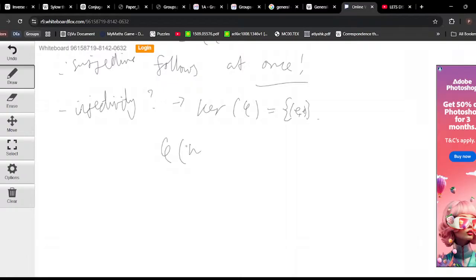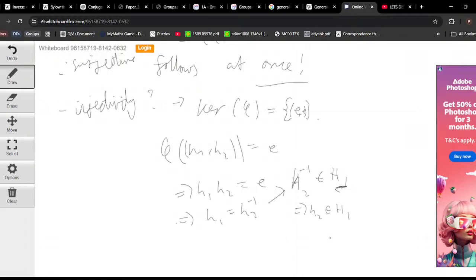Well, if phi of H1, H2 is equal to E, then this implies that H1, H2 is equal to E by definition, but this implies that H1 is equal to H2 inverse. Now we have an issue. That means that H2 inverse is in H1, but because H1 is a subgroup, this means that H2 is in H1. That means that H2 is in the intersection, because it's in H2 by definition.